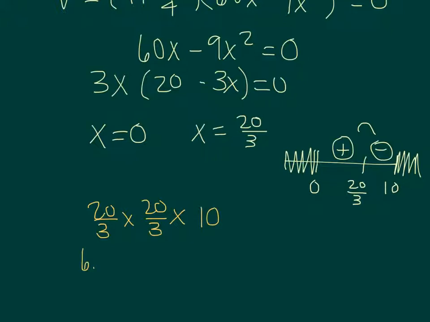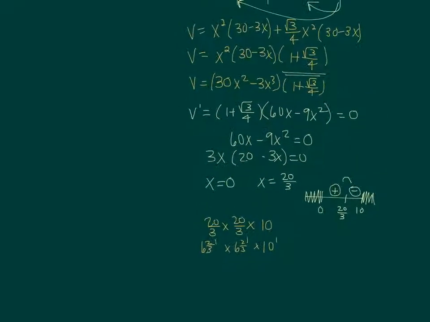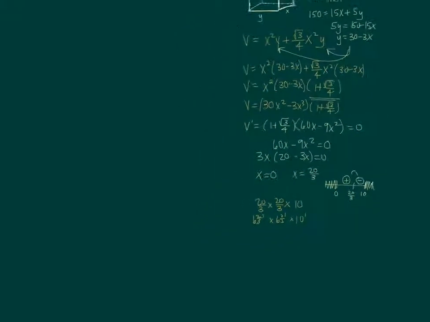So 6 2/3 feet by 6 2/3 feet by 10 feet long, which is essentially how we built our parade float. Pretty cool. And so here's all the work.